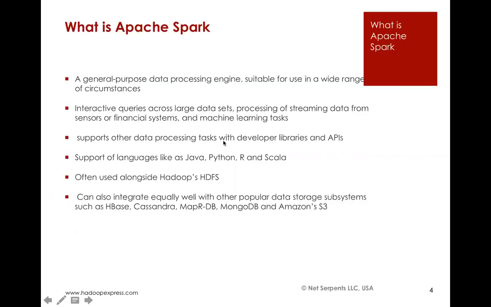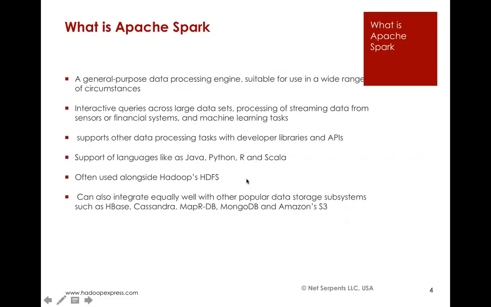It supports other data processing tasks with developer libraries and APIs. Spark is used with 3 or 4 languages, primarily Java, Python, and Scala, and R, very lately this year, has also been integrated as a product within Spark. So if you already know something about Java or Python or Scala, you'll find it easy to program in Spark.